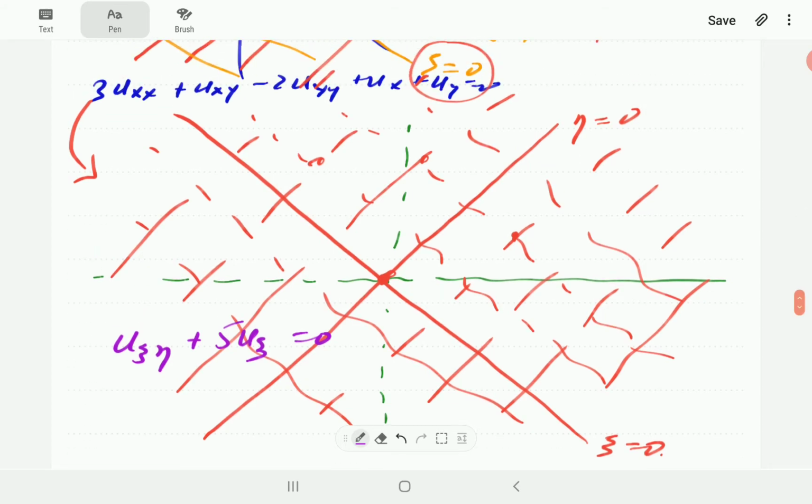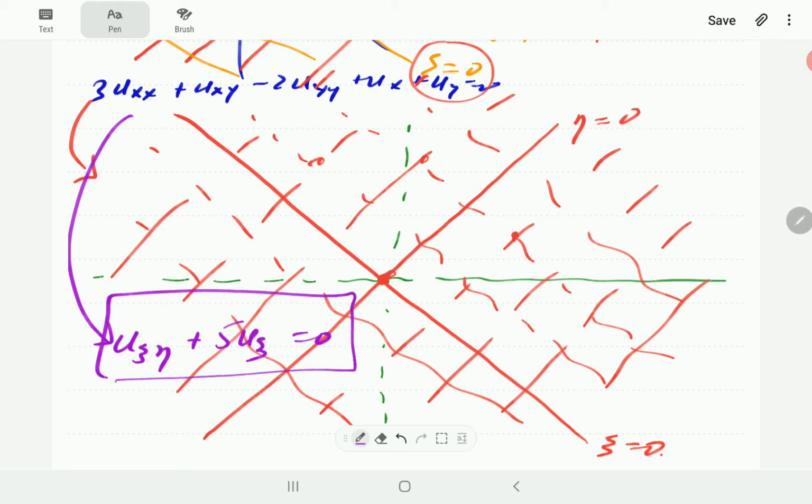So we take the PDE, we transform it into this coordinate system, which is the canonical variables, and then we get a simplified or the canonical form of the PDE, and then we integrate it.